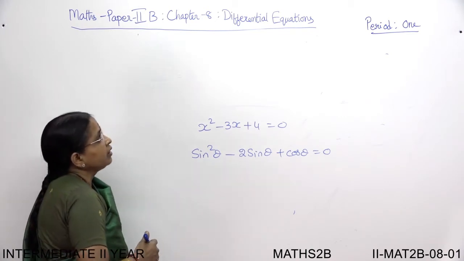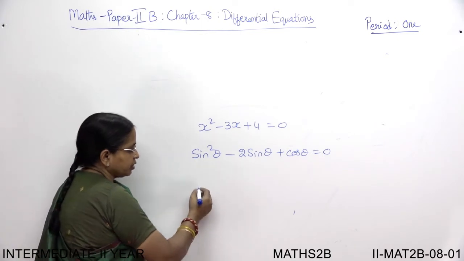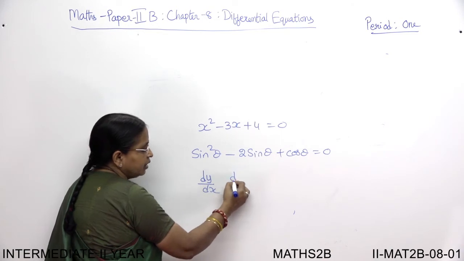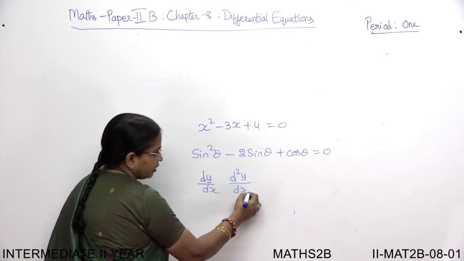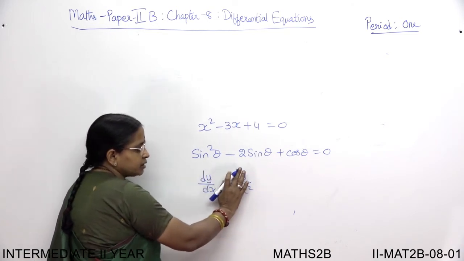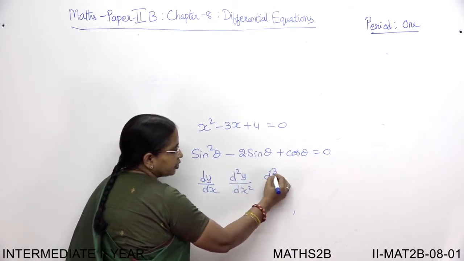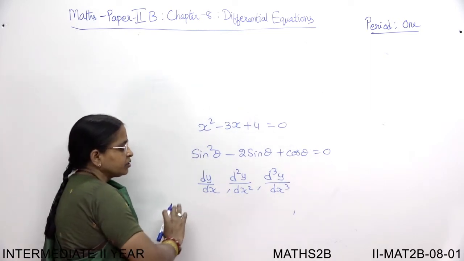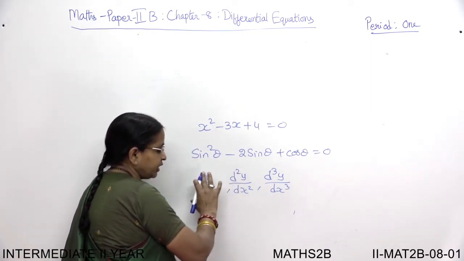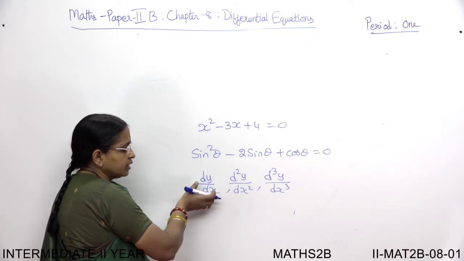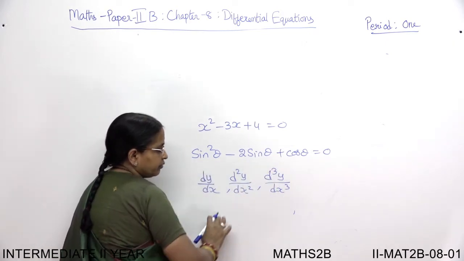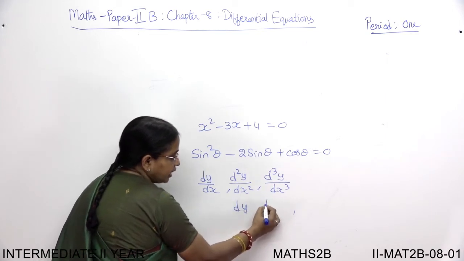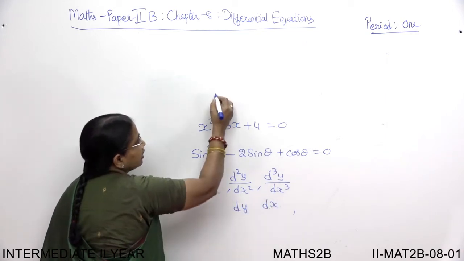In the same way, a differential equation is an equation which contains derivatives like dy by dx, d square y by dx square. This is the first order derivative. This is the second order derivative. d cube y by dx cube is the third order derivative, like that. So any equation which contains the derivatives of functions and the differentials dy, dx is a differential equation.